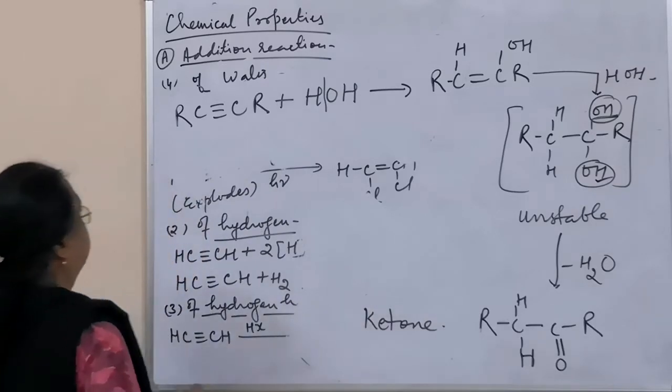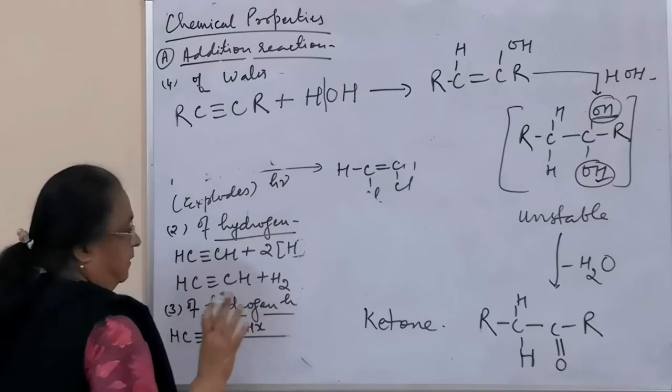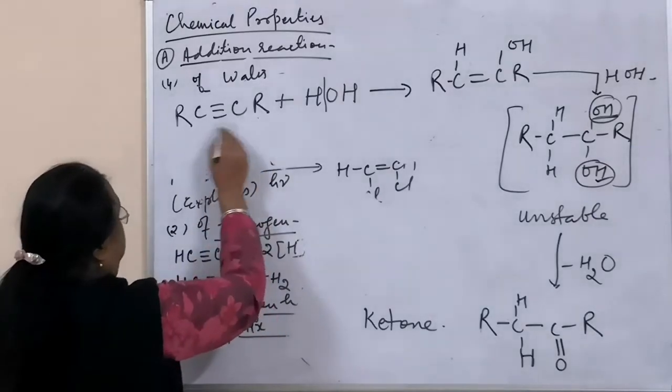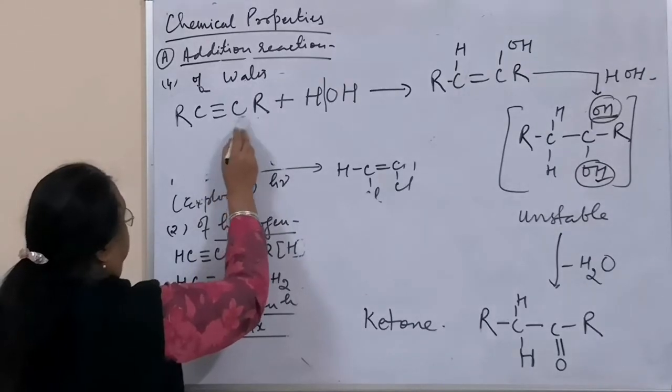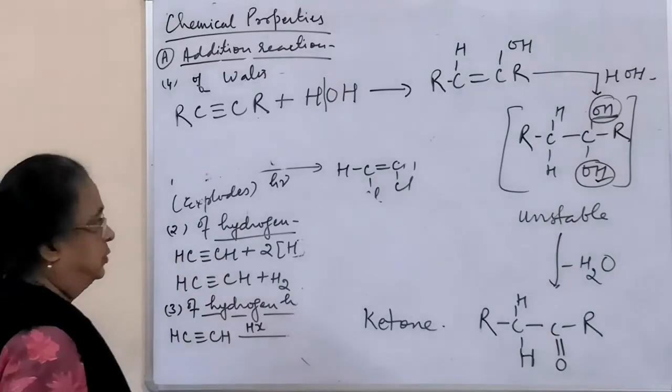So remember that if hydrogen is present either here or there, we will get an aldehyde. When no hydrogen is there on the triply bonded carbon, and only alkyl groups are attached, we will get a ketone.